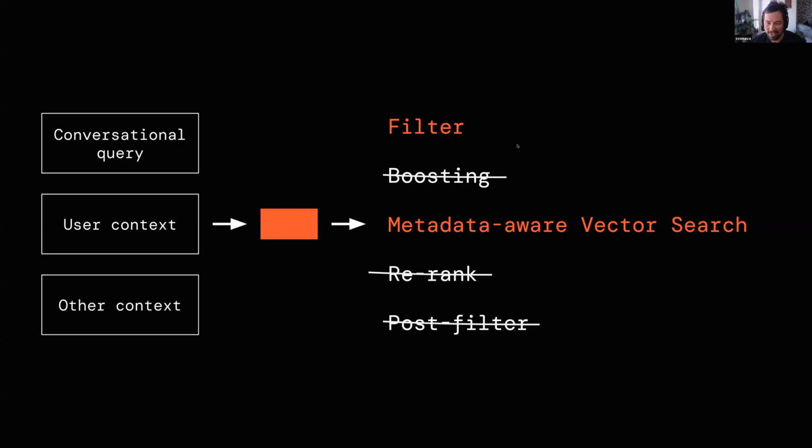All these other things, ideally, you are not doing. So boosting is done within the embedding. Re-ranking you don't have to do because now all your signals are in the vector and they feed into the ranking. You don't really have to do post filtering. You do the pre-filter for access control and so on. So this should be the ideal output of your query understanding system.